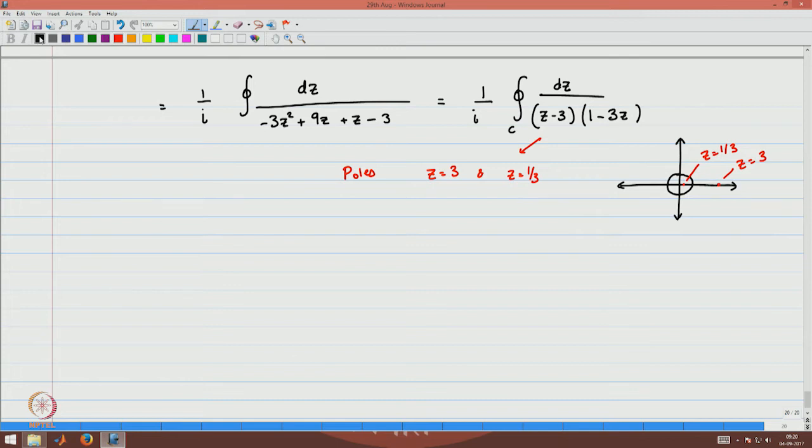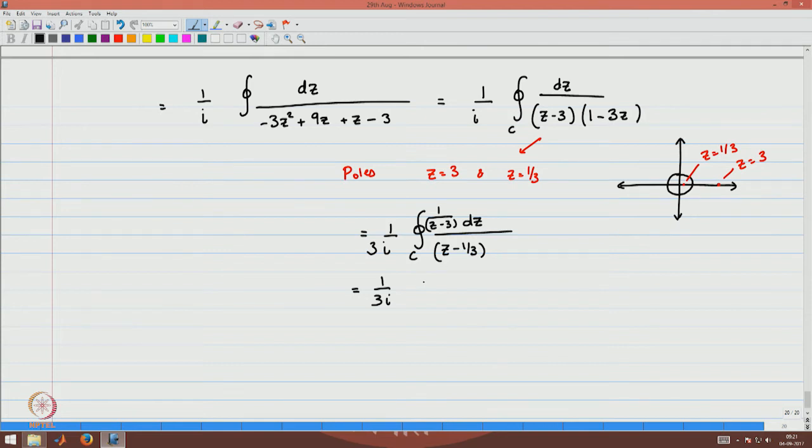So, what this becomes is the following. I will write 1 over 3i, dz divided by z − 1/3, and I will write 1 over z − 3 in the numerator. This contour is a unit circle, so this is the only residue that will matter.